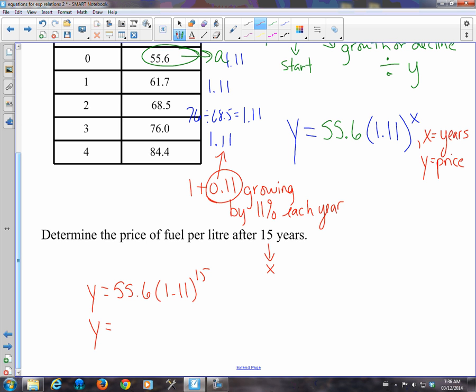So I'm going to have 55.6 times 1.11 to the exponent 15, which gives me, let me double check that, 55.6 times 1.11 to the exponent 15. $266.02.